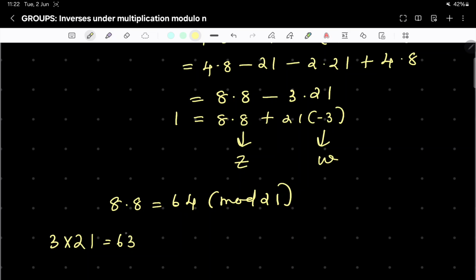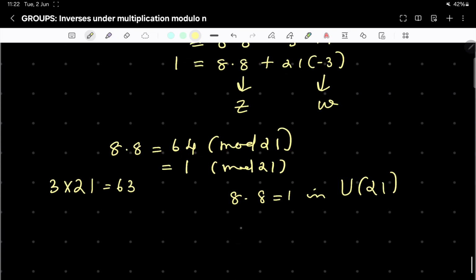So the remainder when 64 is divided by 21 is 1. So what you got is 8 times 8 is equal to 1 in U21. So what you can say, inverse of 8 is equal to 8.